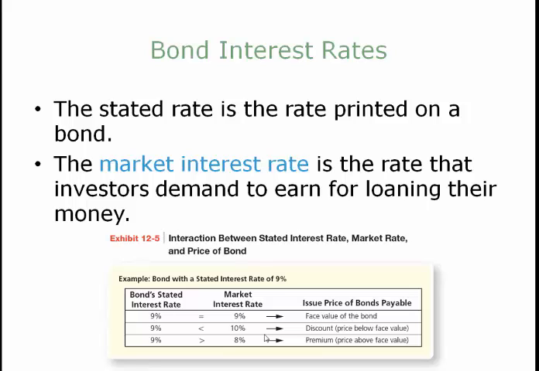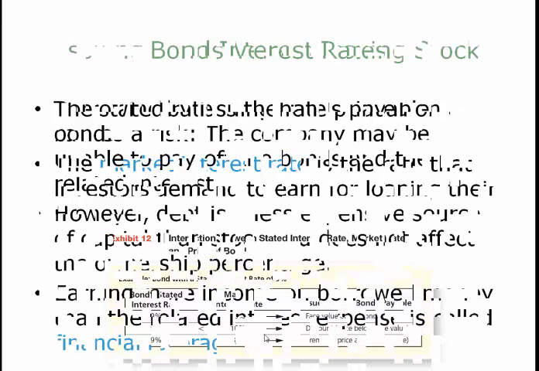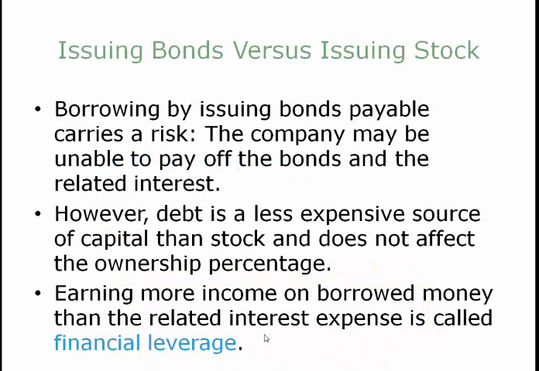So when they do that, they are going to report a premium or a discount, as you'll see here in a minute. Now, when you issue bonds, a bond is a contractual obligation to pay them off. It's less expensive than capital stock, but it's a contractual obligation, and they're required to pay that back.